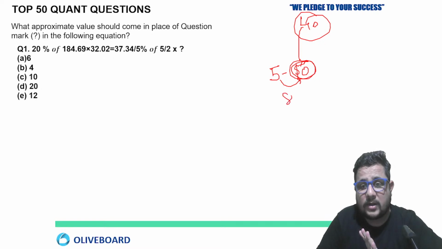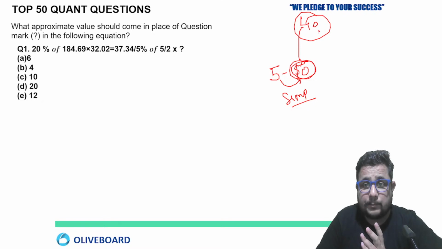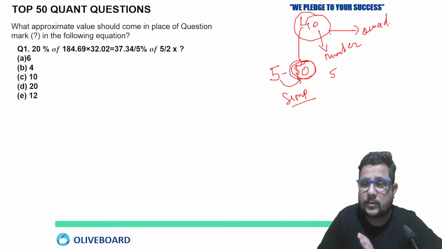Then from the simplification section, I'm going to tell you the important sections also. After this, there will be 5 questions of number series, and 5 we can expect from quadratic equation. So this will contain 15 to 20 marks weightage.